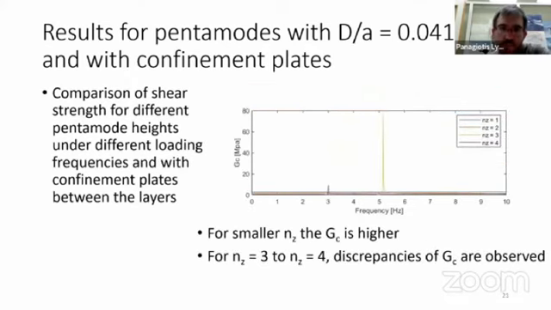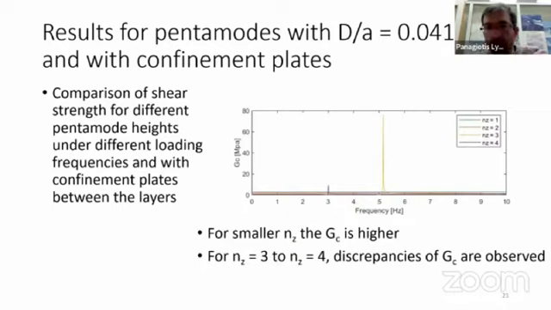And these are the results with confinement plates. As you see, as we have smaller values for the NZ, the shear strength appears to have an increased value.